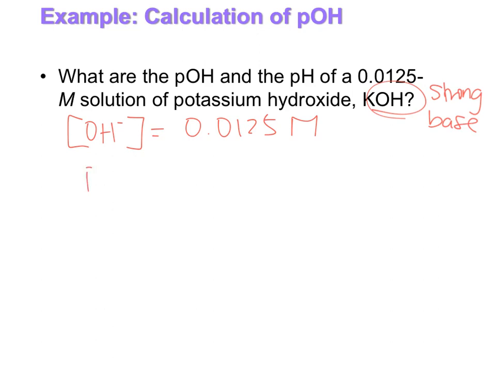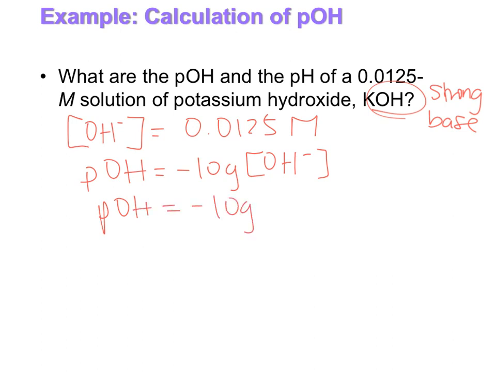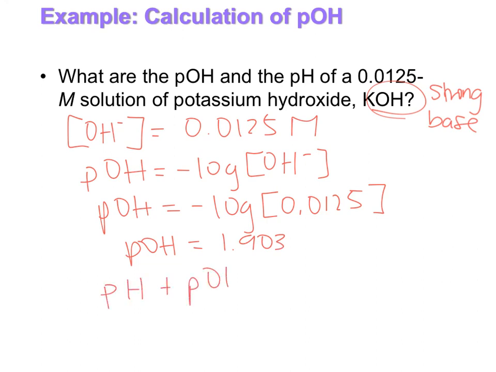Now we know that we can calculate pOH from the negative log of the concentration of hydroxide. So we can just plug that in, negative log, and once you plug that into your calculator, you should end up getting 1.903. So we have the pOH, and remember that the pH plus the pOH equals 14.